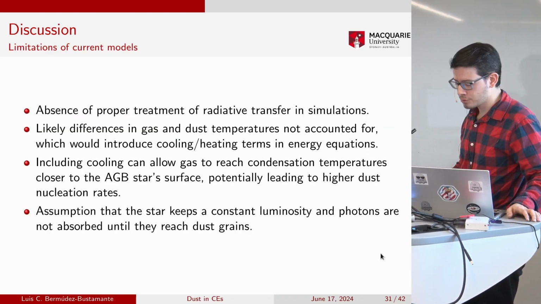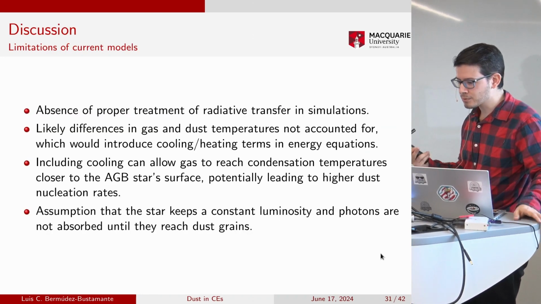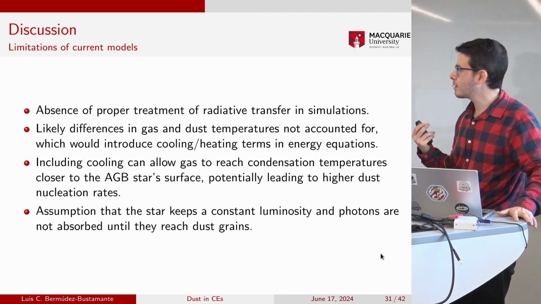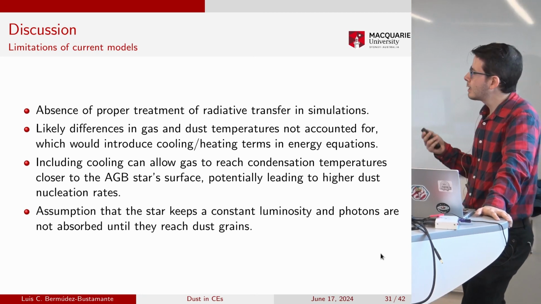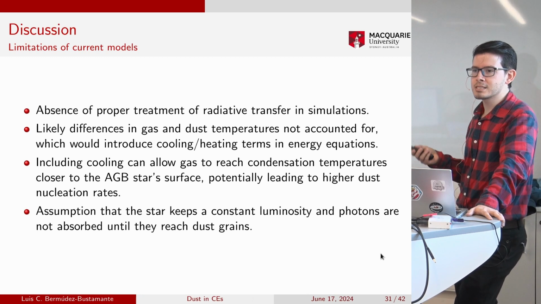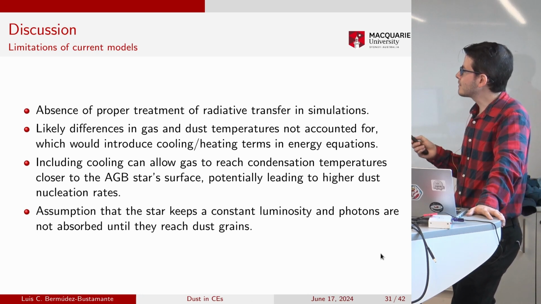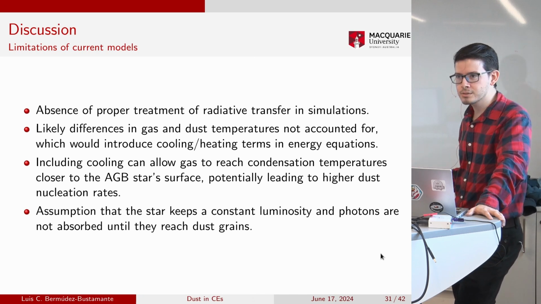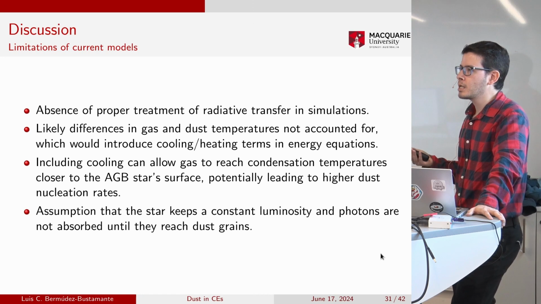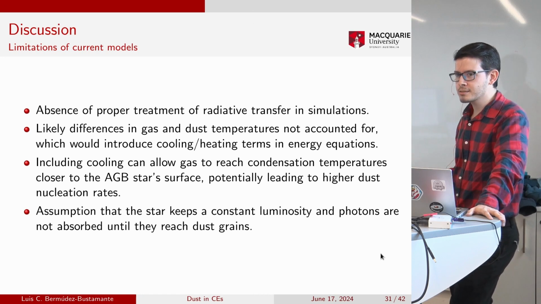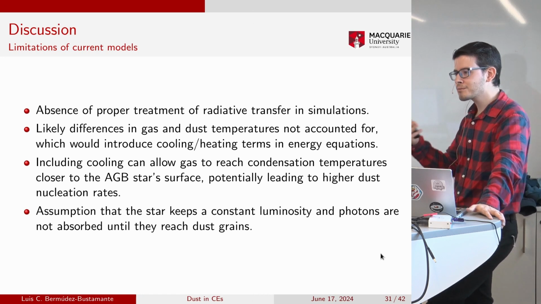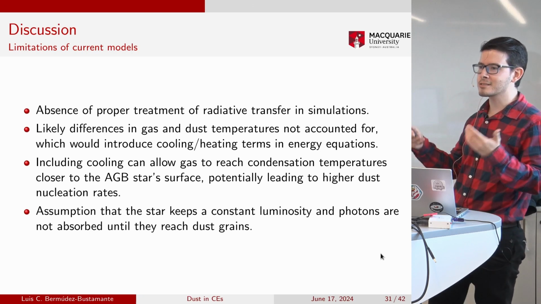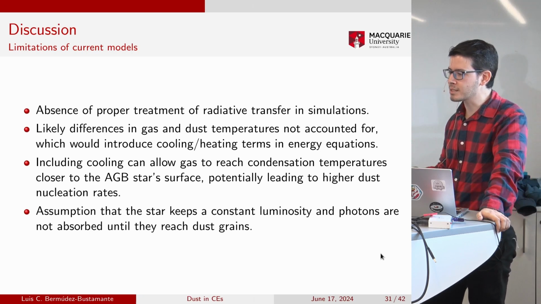Okay, so now that I have talked about the results, let me talk about the discussion and the limitations in the current models. One of the limitations is that we don't have a proper treatment of radiative transfer in the simulations. That is important because we are including recombination energy in the envelope, but all of this energy is included in the thermal component of the envelope.